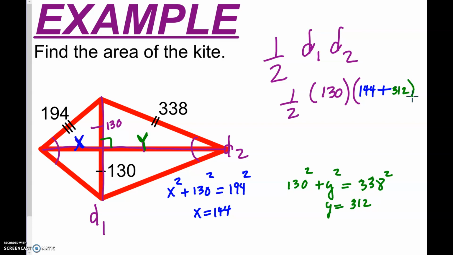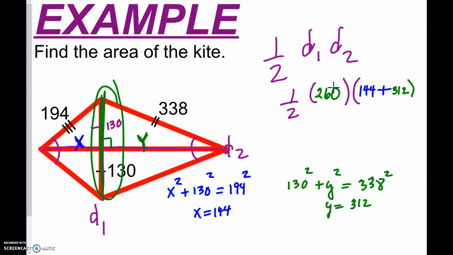Now make sure you use parentheses or order of operations correctly. Now we're going to take 1/2 times, ooh, I have this wrong in here. The diagonal is not 230, or not 130. We have to make sure that we add these two numbers together, so that we have this whole thing, which would be diagonal 1, which is 130 plus 130, which is going to be 260.